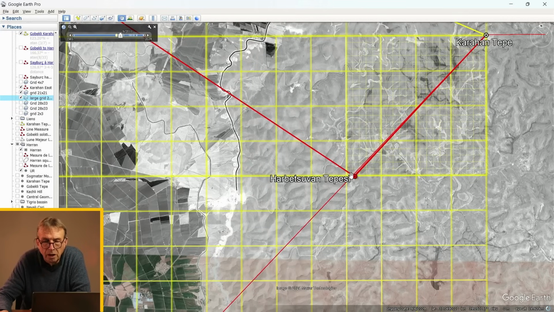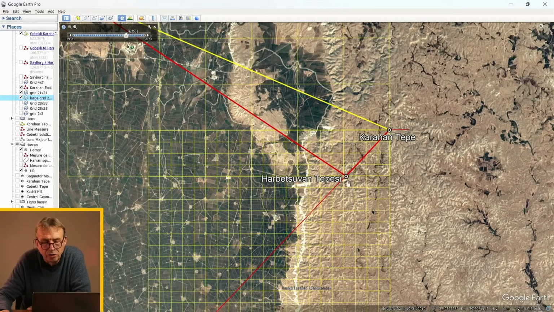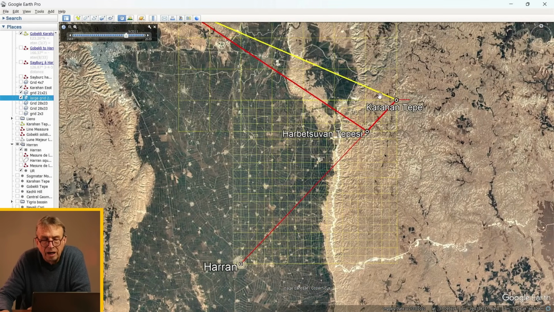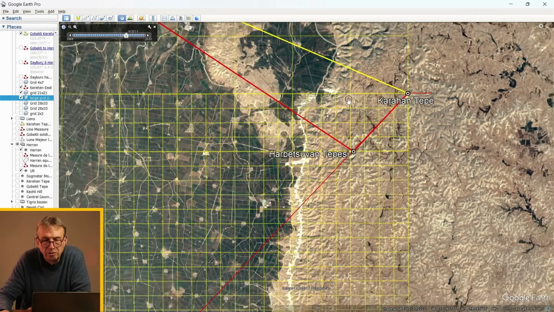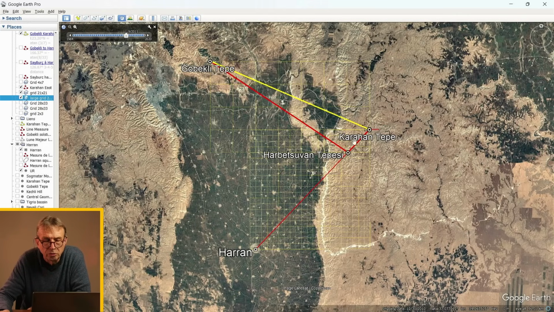Now, what I noticed as I was doing this, when I placed this grid of 21 by 20 between Karahan Tepe and Harran, was that in fact it perfectly fitted into the grid of 4 squares by 7 squares, which I had placed between Göbekli Tepe and Karahan Tepe, 3 by 7 and then 4 by 7.